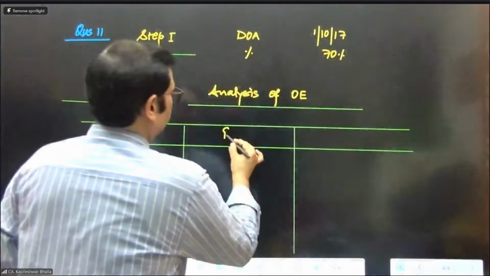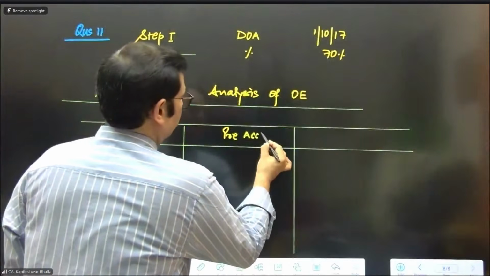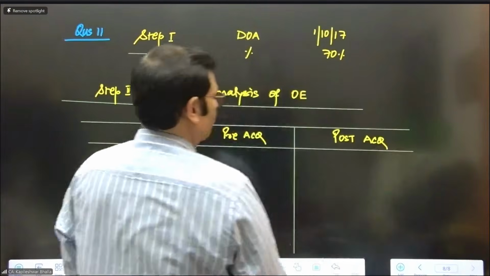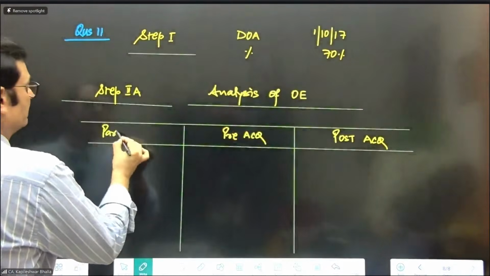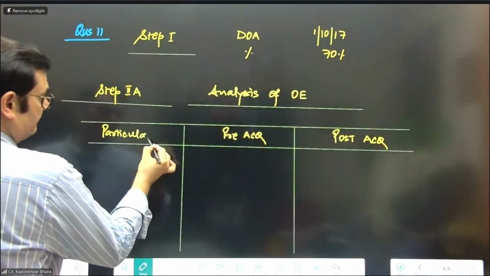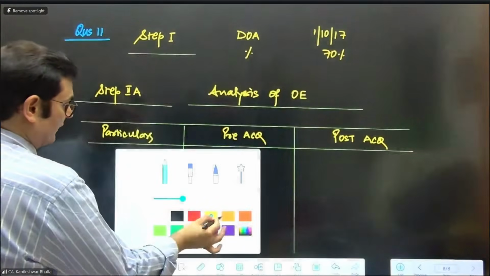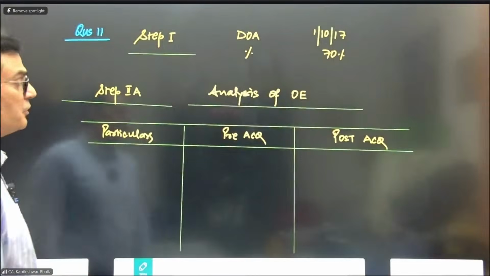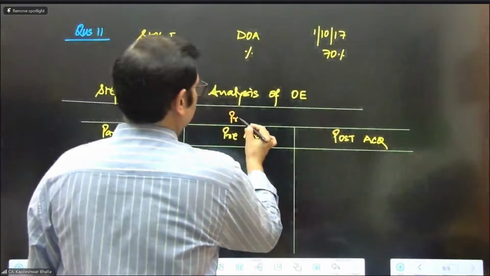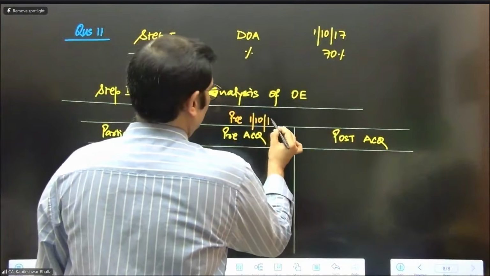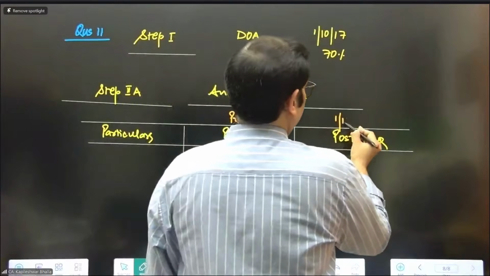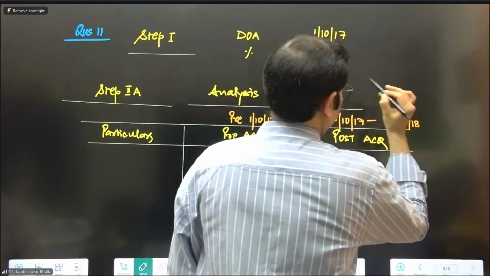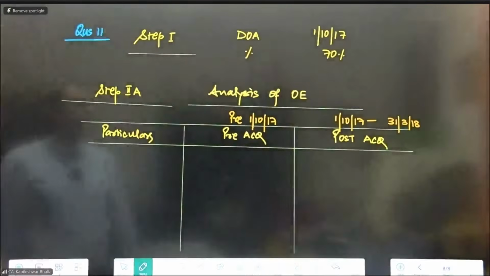So we define the pre-acquisition profits and the post-acquisition profits, and we take this as particulars. Let's define first of all what is pre-acquisition. Anything before the acquisition date, so make a mention, this is pre 1st October 17, and anything from the acquisition date till the balance sheet date, that is March 18, is post.